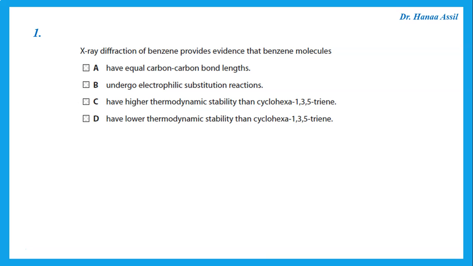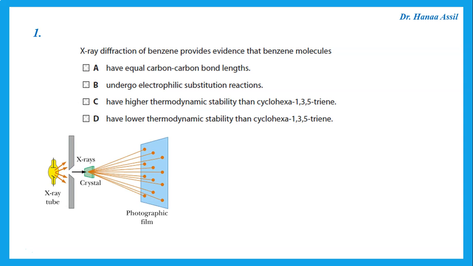The first question says, X-ray diffraction of benzene provides evidence that benzene molecules have what? Now, when they were trying to decide the structure of benzene, they used X-ray diffraction.